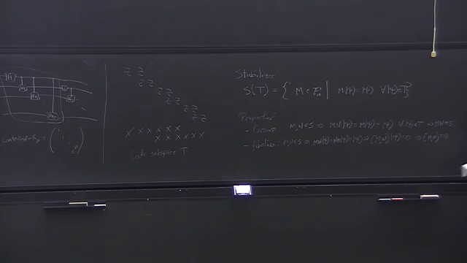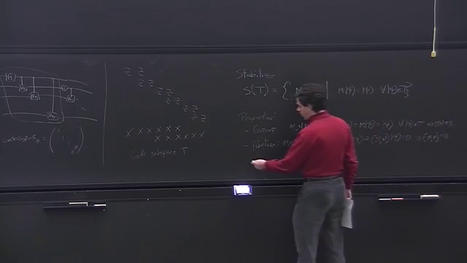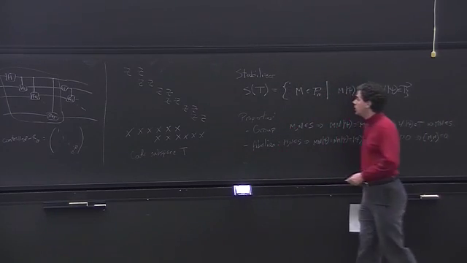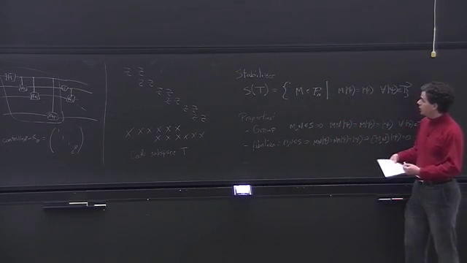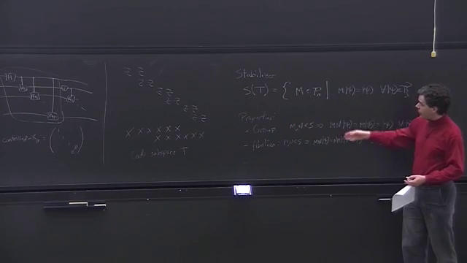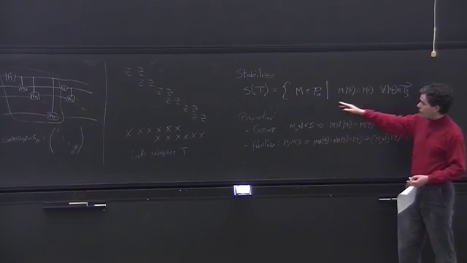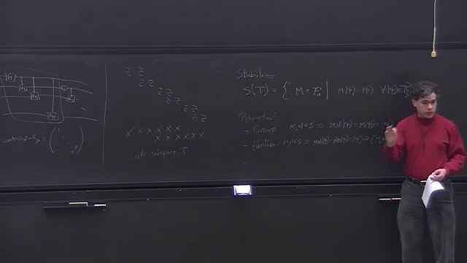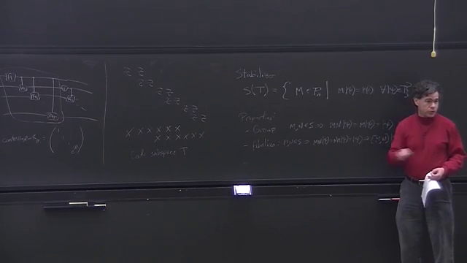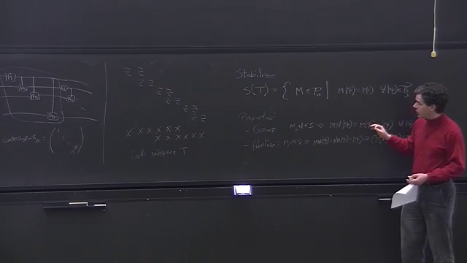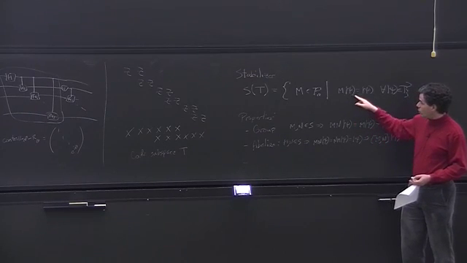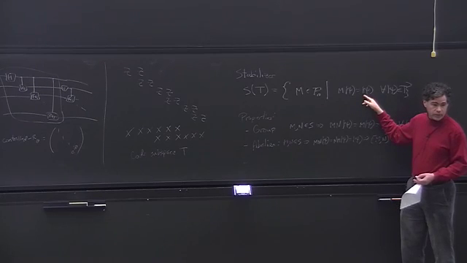And I guess there's one more kind of obvious property of the stabilizer, which is that, well, it's a subgroup of the Pauli group, but remember the Pauli group consists of tensor products of Paulis with a phase of plus or minus 1, plus or minus i. But the phase is pretty highly constrained in this case because we want operators that have +1 eigenvalues.